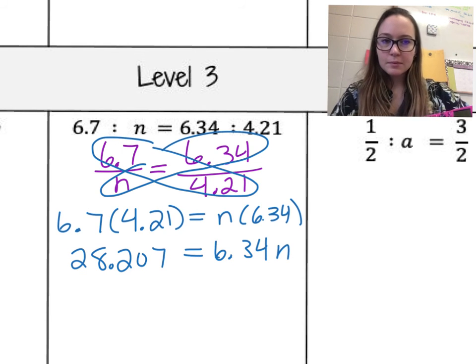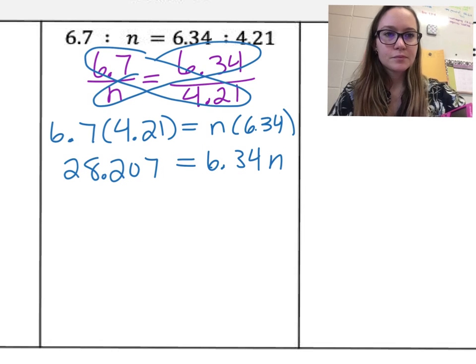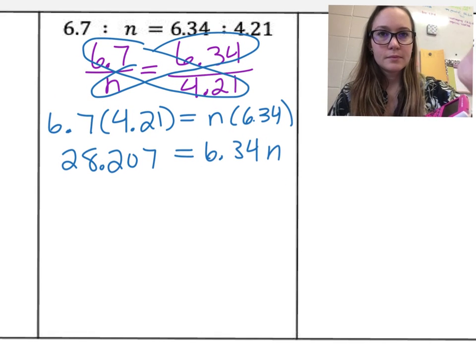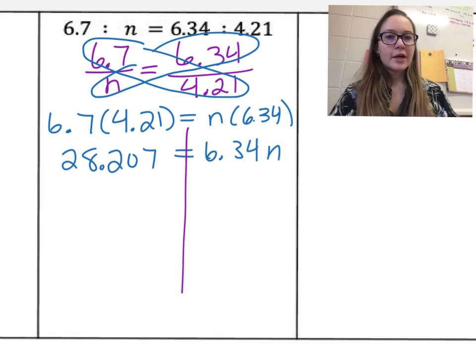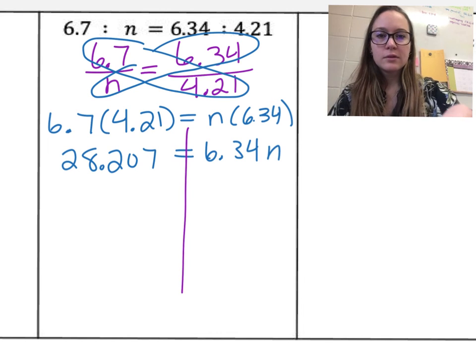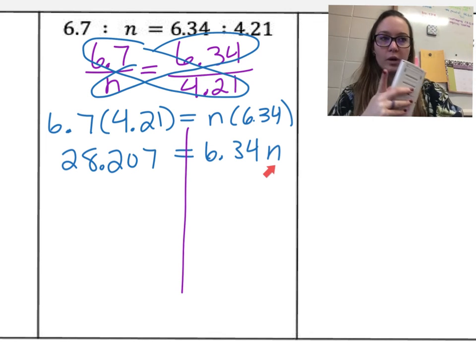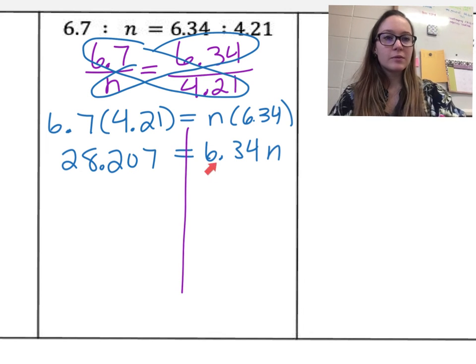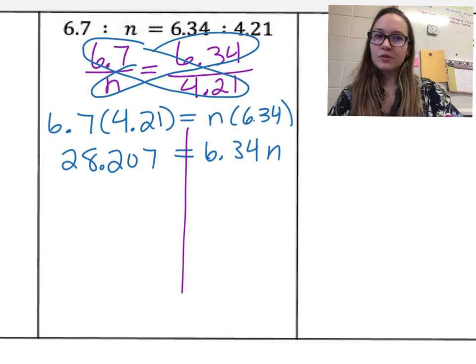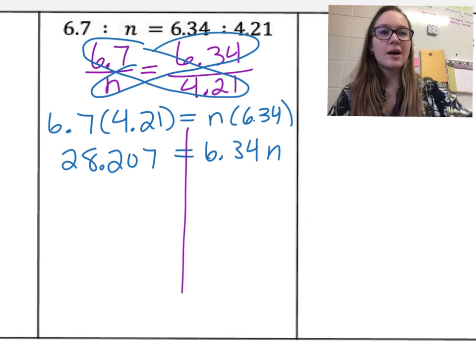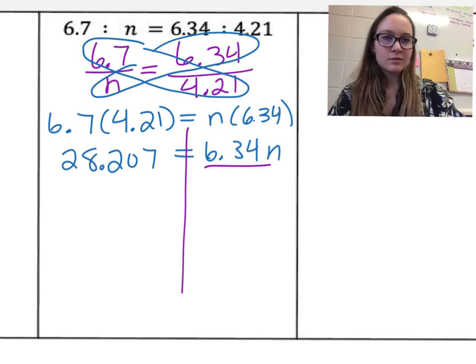Now it's all set up, so we can solve it. I draw a line through my equal sign. Then I look at the side with the variable, okay? I'm looking to isolate n. I just want one n. Right now, it's being multiplied by 6.34. So to undo multiplication, I'm going to do the opposite, which is division.